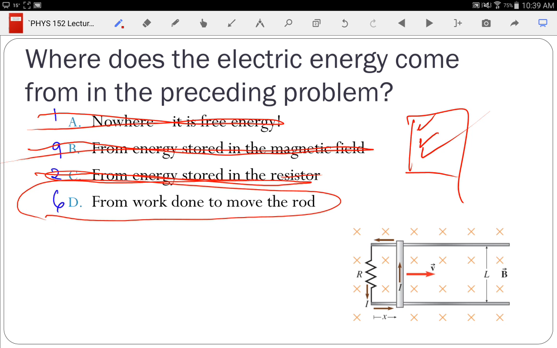Well, where does the energy come from? It comes from a rod moving through a magnetic field. That's how electric generators work. And so all of a sudden it's trying to take a huge amount of energy, which means you have to supply a huge amount of force to make that rod keep moving.